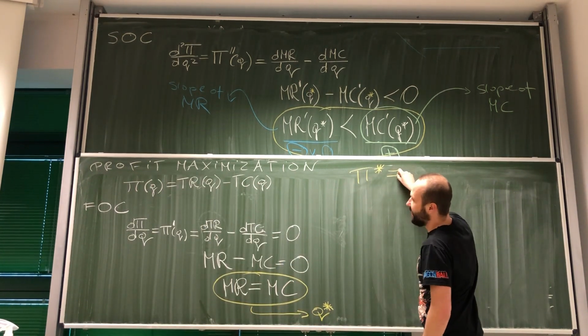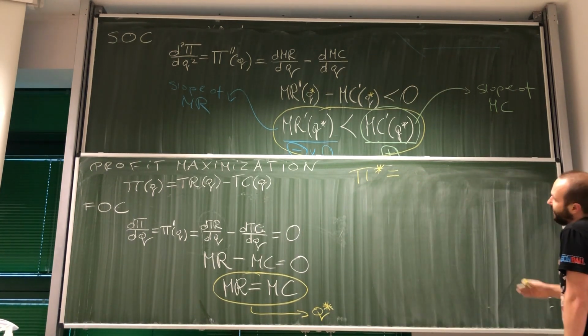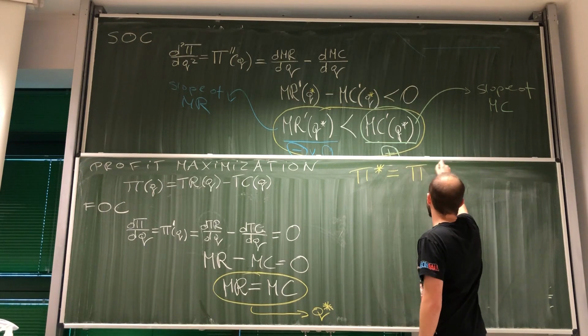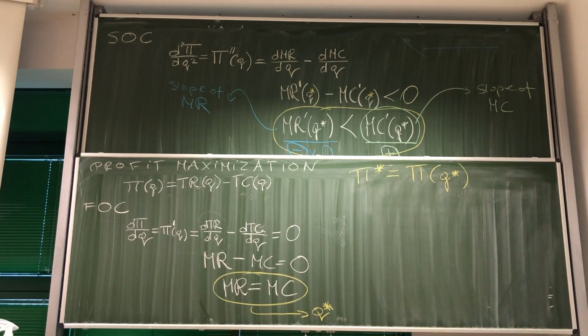We simply take the profit function that we had over here and substitute the optimal level of production, and this will give us the exact value of the maximum profit that can be achieved.